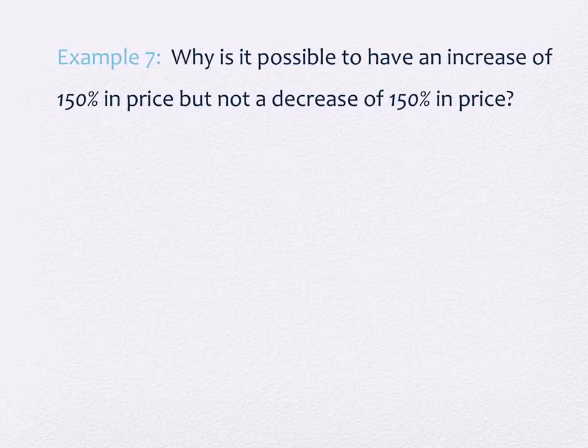If you increased something 100% in price, you'd actually end up multiplying it by 2, right? You double what the price was. So if you want to increase it by 150%, you'd have to double it and then add 50% more. Or like Madison's words said, you could multiply it by 1.5, but then you'd have to add that to the original price. Because that's just the increase amount, the 150%, the multiplying by 1.5, but it's an increase on top of the 100% you already had. Okay?